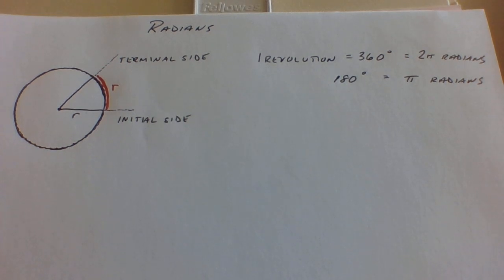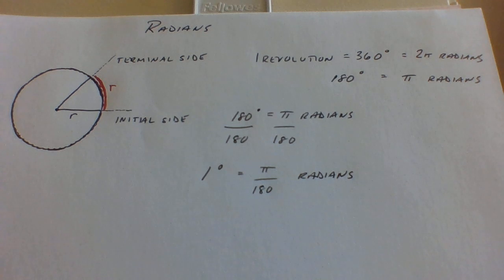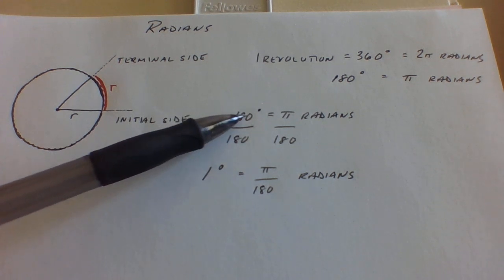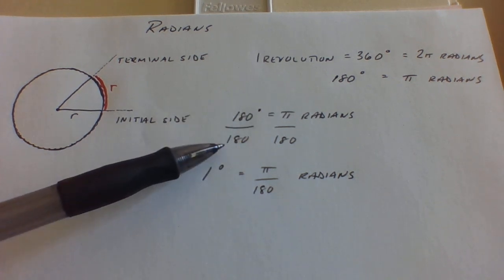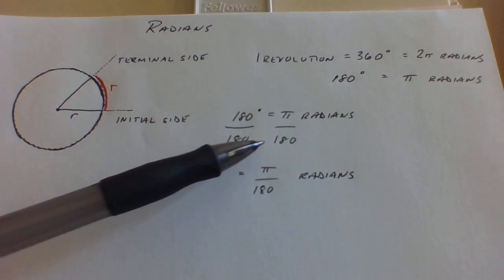So let's go ahead and work with this statement. What if I didn't want to know what 180 degrees was? What if I just wanted 1 degree? Then just like we did when we were working with degrees, minutes, seconds, I could take each of these components and divide it by 180 degrees.